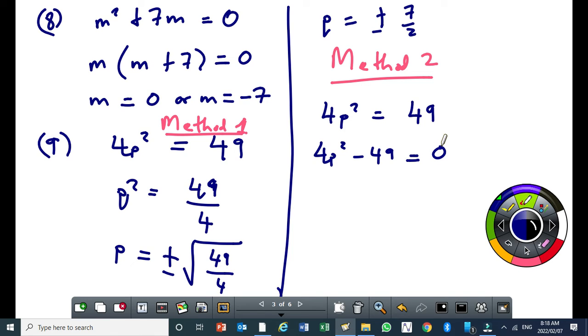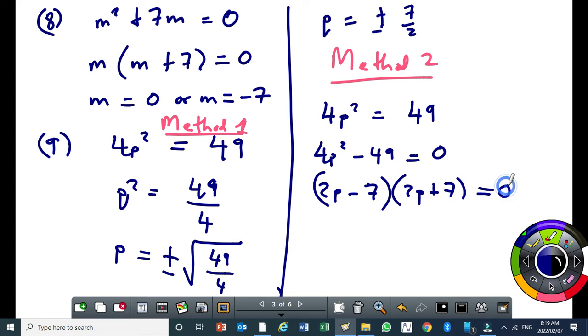Then you factorize by a difference of 2 squares, which you did in grade 9 and 10. So this will be 2p minus 7 times 2p plus 7. This will be equal to 0. Therefore, p is 7 over 2, or p is negative 7 over 2.